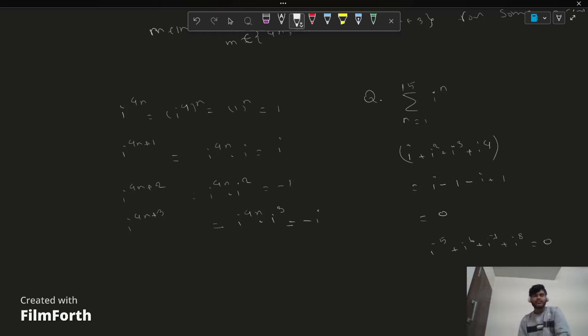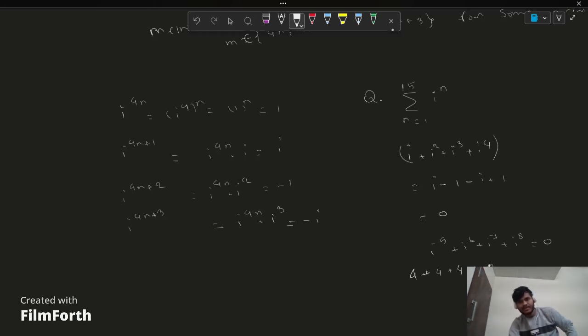Then we can divide the 15 into equal parts of 4. For each group of 4, it will give us 0. Then what are we left with? We can give a partition of 15, that is 4 plus 4 plus 4, which will give us 12.